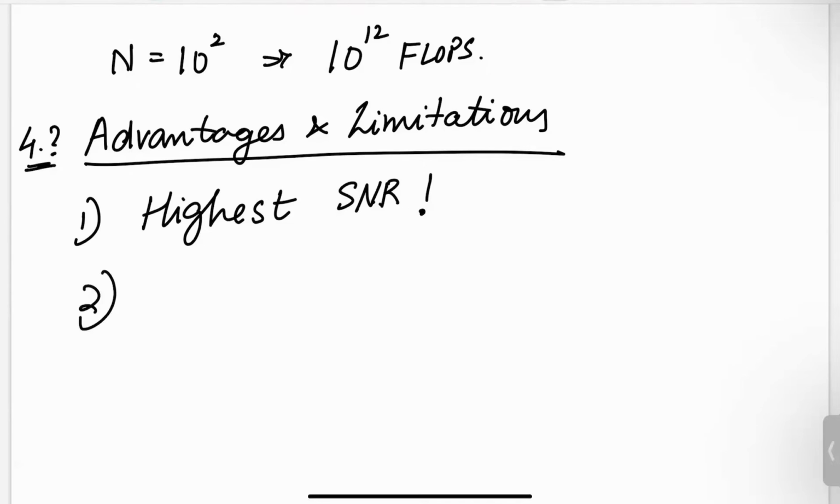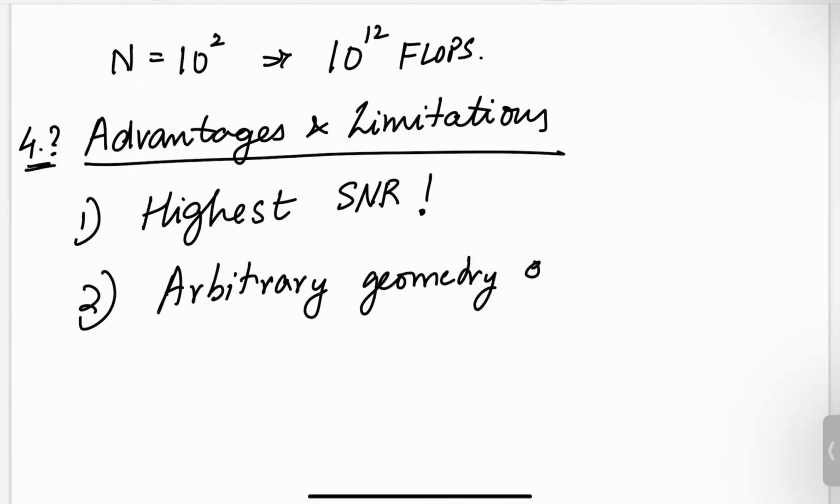Another big advantage is you can use any arbitrary geometry of the array, right? We haven't made any assumption that it should be square or rectangular or circular, doesn't matter. You can use any position for your elements.